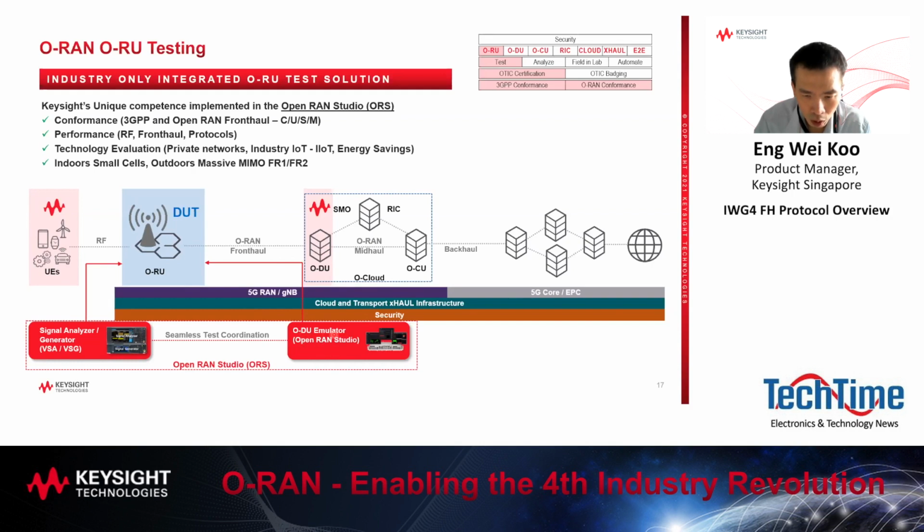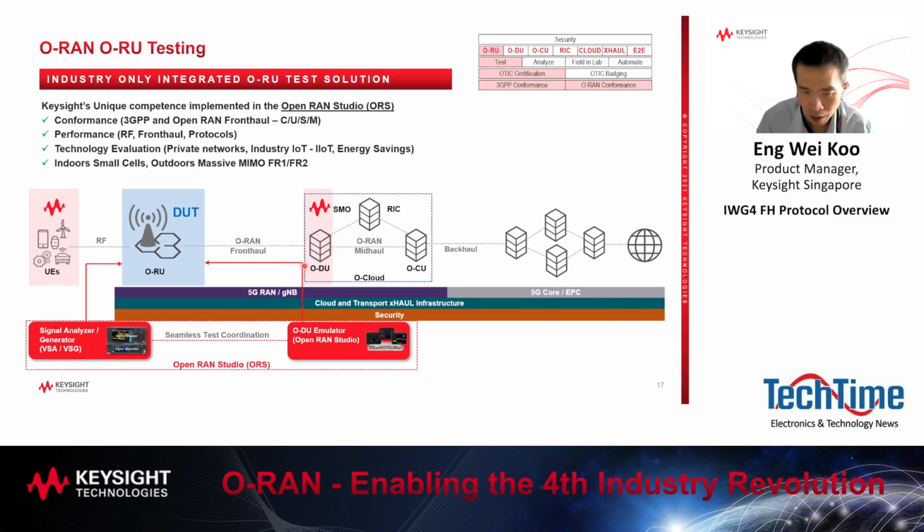Between the ODU emulator that we implemented and the VSA and VSG, this requires seamless test coordination. The reason I say that is, if you remember what I showed in the earlier slide, to send a downlink signal over the air interface, we have to make sure the ODU emulator is able to send the control and user plane over the open front haul.